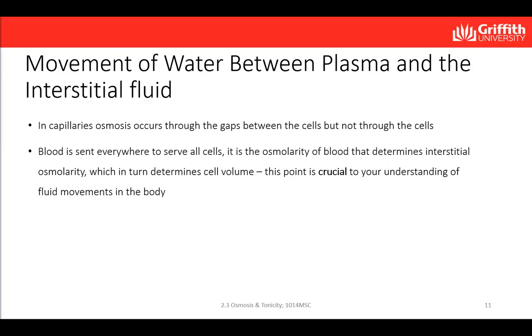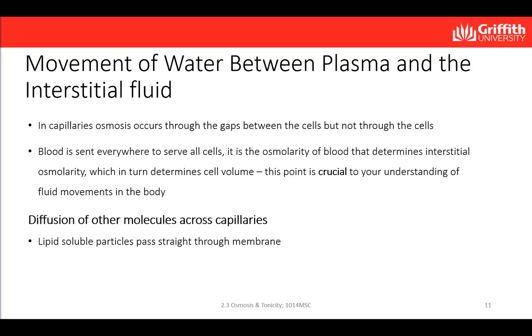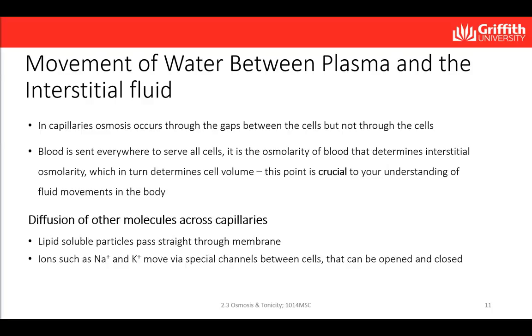Different molecules take different routes to diffuse through the capillaries. Lipid-soluble molecules, such as respiratory gases, diffuse through the lipid bilayer of the endothelial cells. Ions, such as sodium and potassium, move through special channels between the cells that can be opened and closed. And finally, large molecules, such as proteins, are transported via vesicular transport.